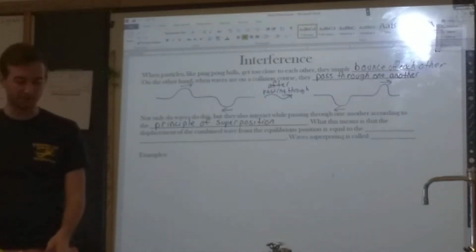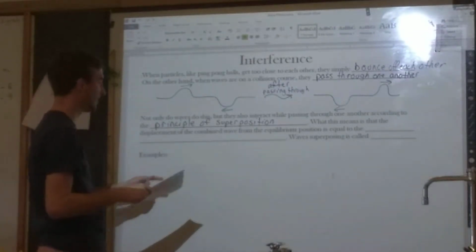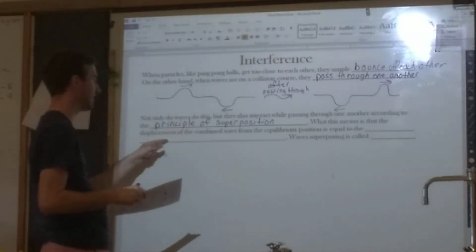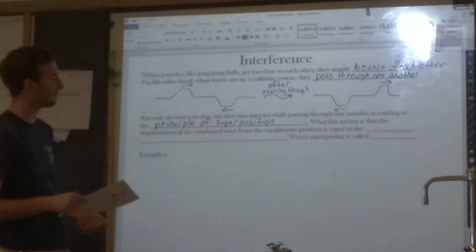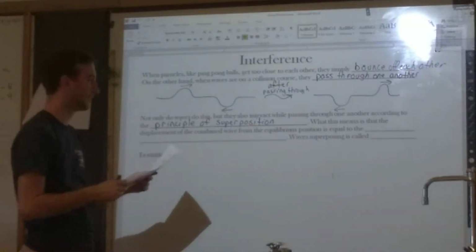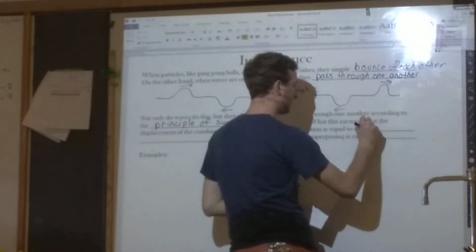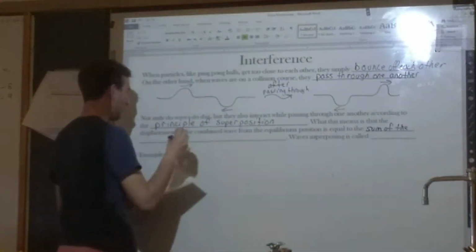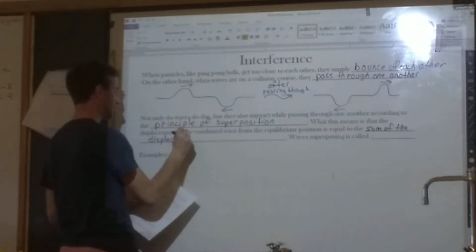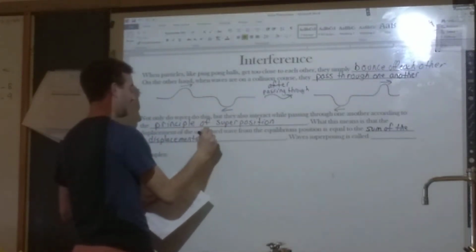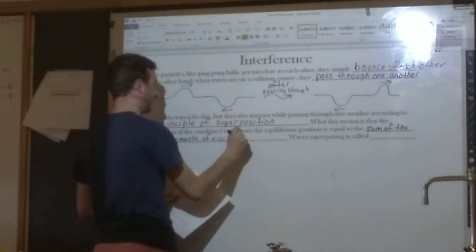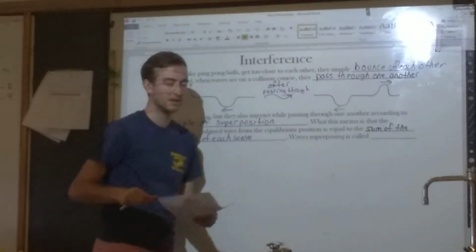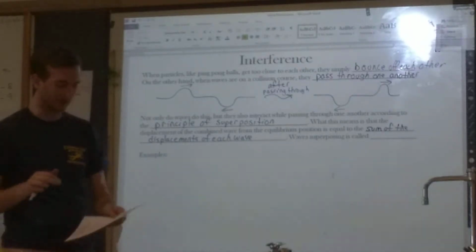What this means, the principle of superposition, is that when they are combined, okay, the displacement of the combined wave from equilibrium is equal to the sum of the displacements of each wave. Okay? I'll talk about what that means in a second.